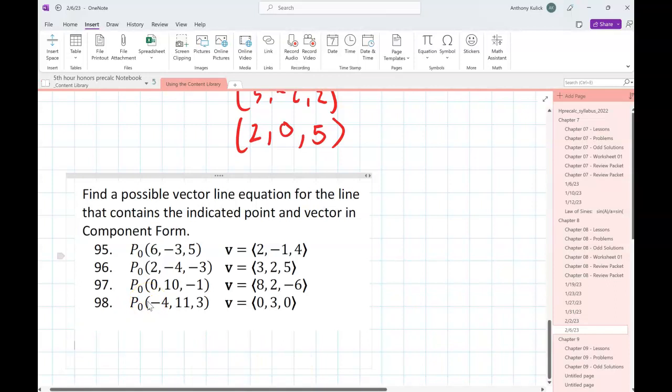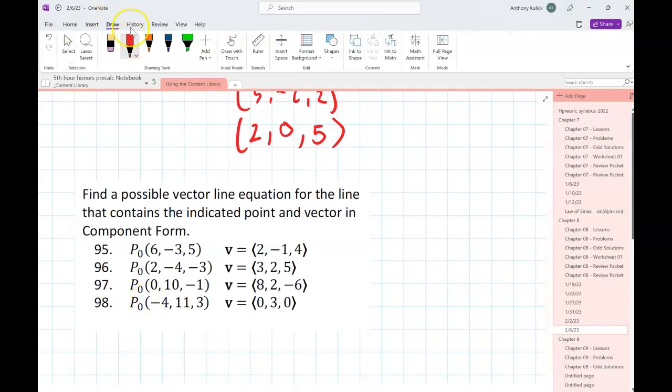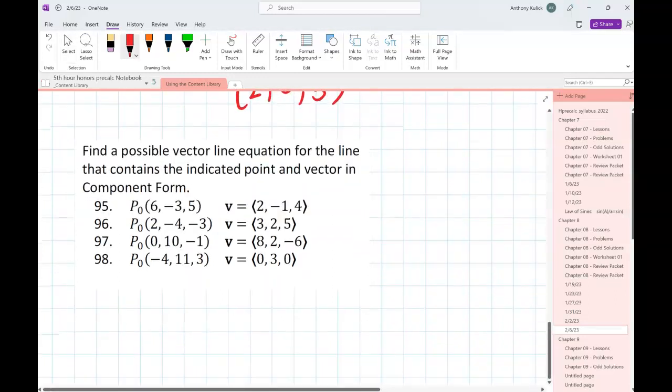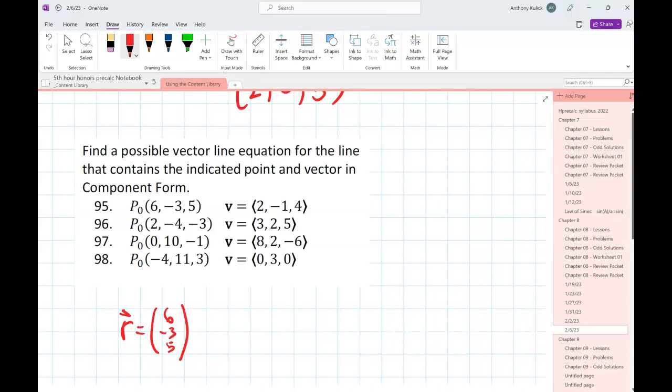All right. So it says to find a possible vector line equation for the line that contains the indicated point and vector in component form. If you have the point, that just can become our point vector.